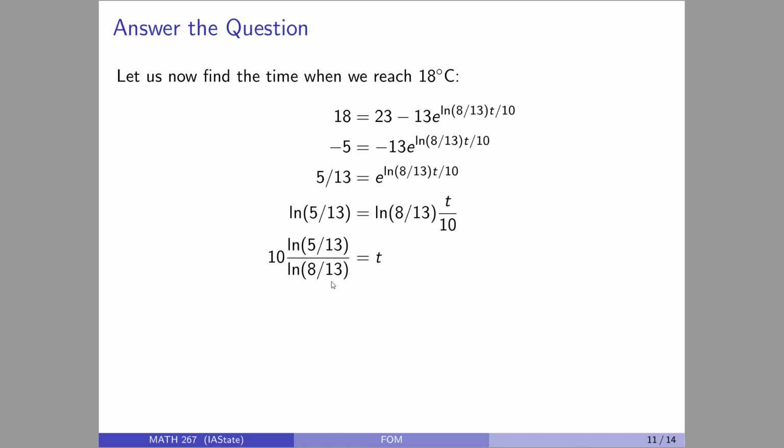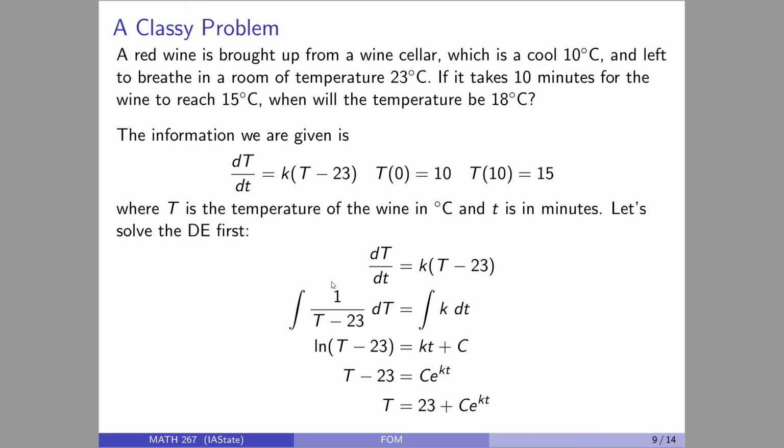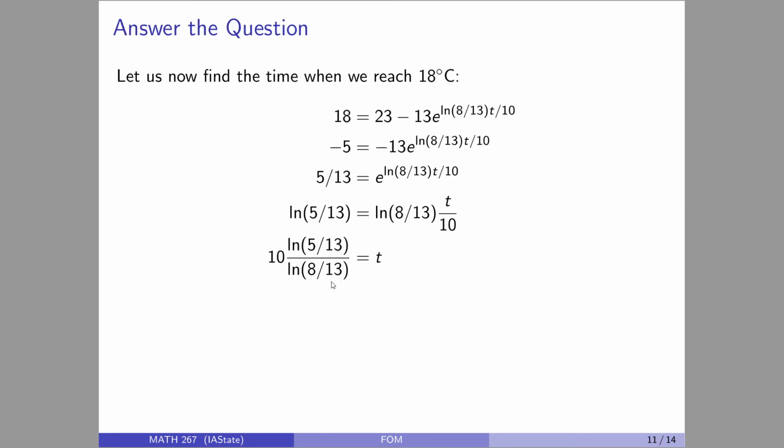So this fraction actually has to be bigger than 1. So the time when it reaches 18 is indeed bigger than the time when it hit 15. Sorry, I confused myself there with 13 and 15.